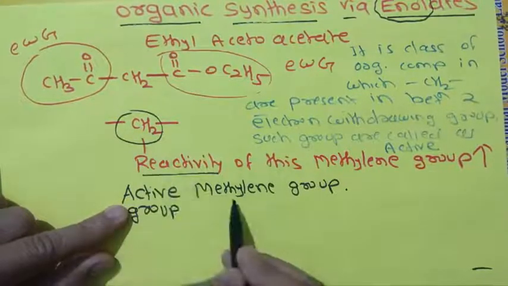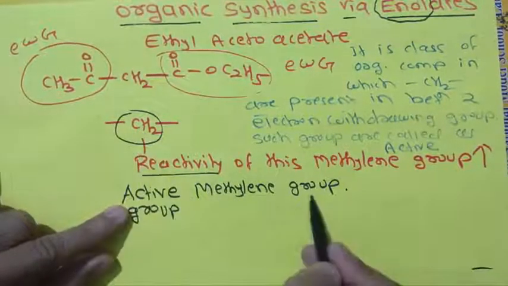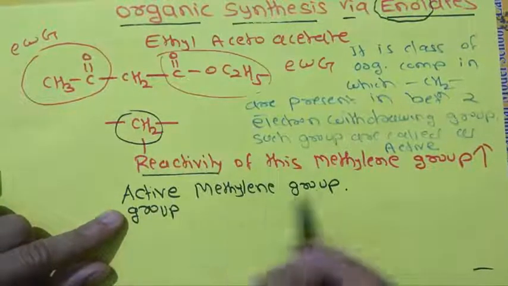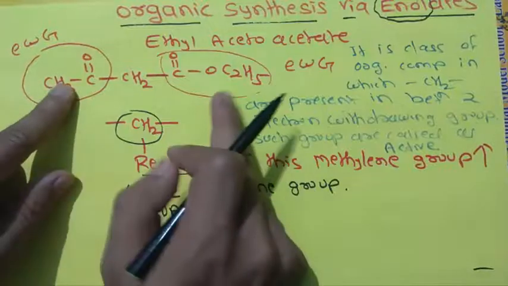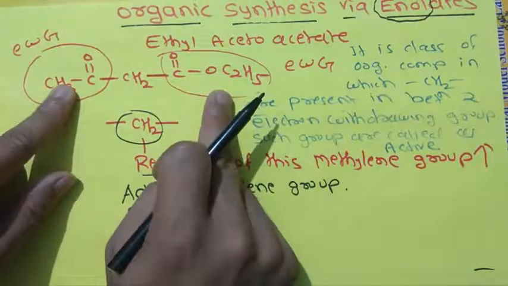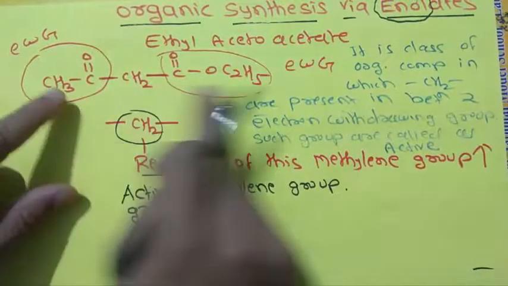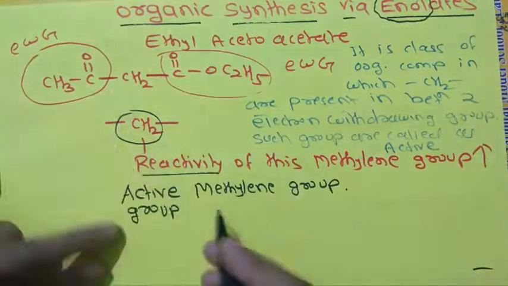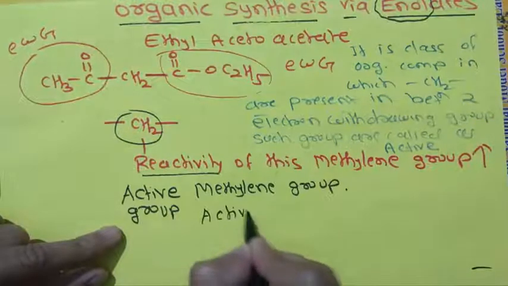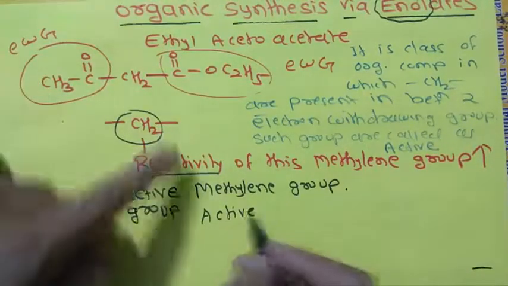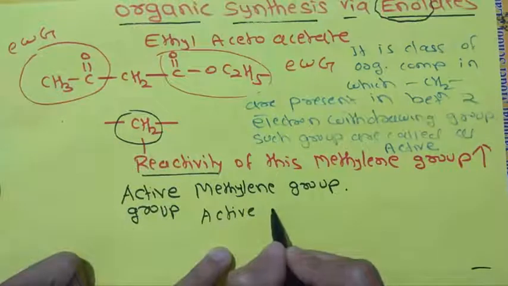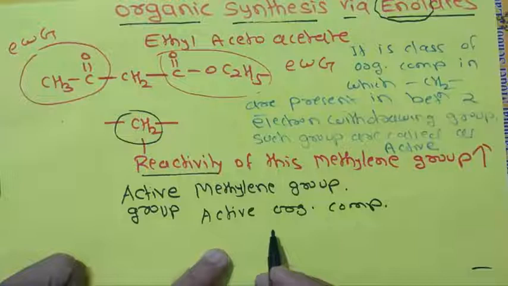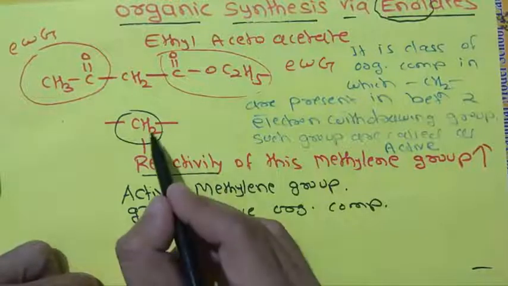Active methylene groups are present in between the two electron withdrawing groups. That's why such a compound is called an active organic compound, in which the methylene group is present.